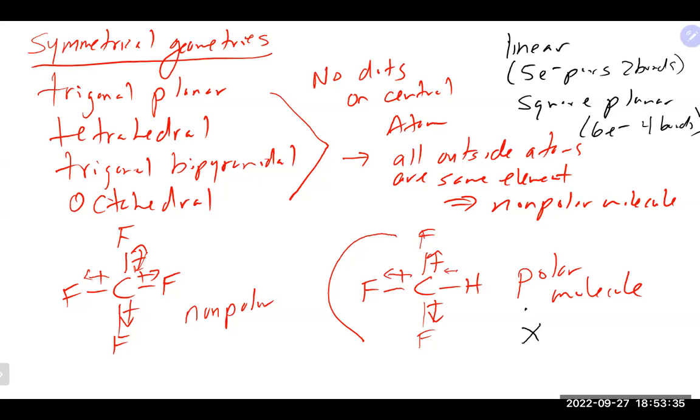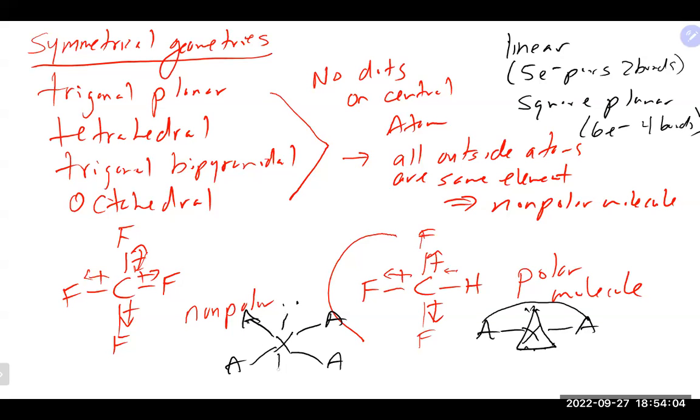So for example, our linear guy looks something like this. Even though it's got the non-bonding electrons making a triangle, we basically have our linear guys opposite of each other. So this guy would be nonpolar, even though it's got dots. And our square planar would look something like this. You got some dots coming out this way.